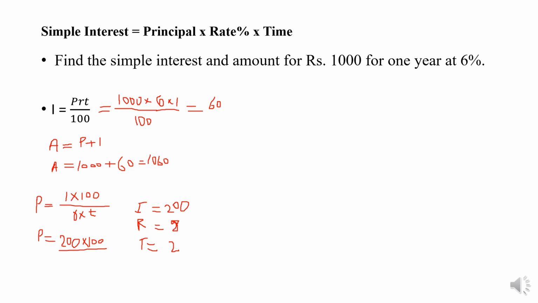So rate of interest is 5%. Sorry, not 8%. Rate of interest is 5%. So we write 5 into T, which is 2 into 2. So the value is 2000.